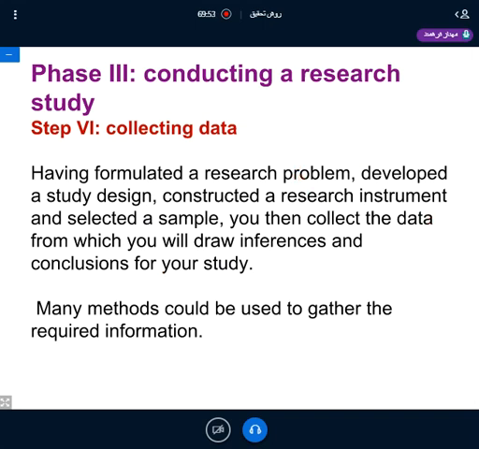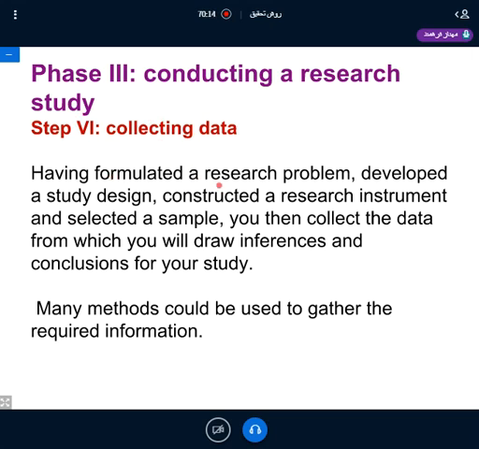No problem. Phase 3 is the last phase we are going to study today: conducting a research study. Step 6, collecting data. Collecting data is very important.